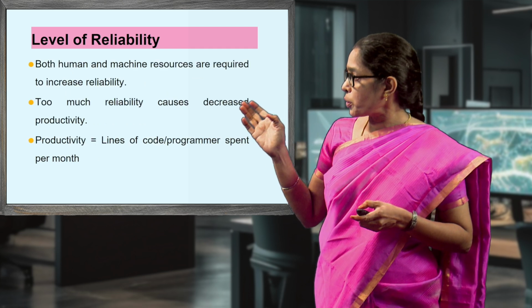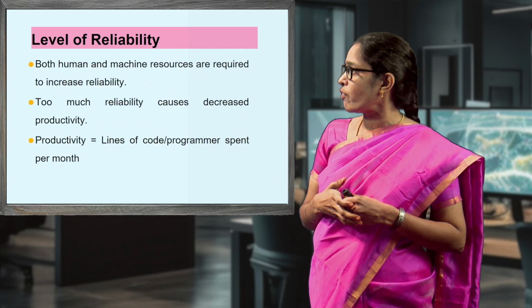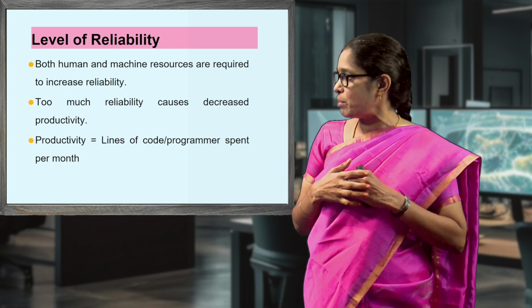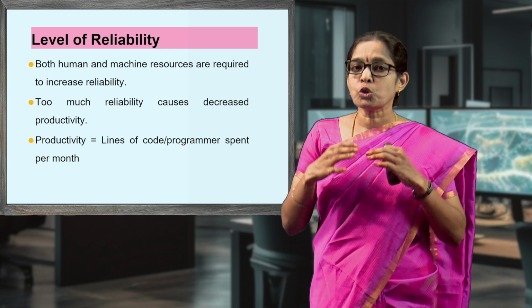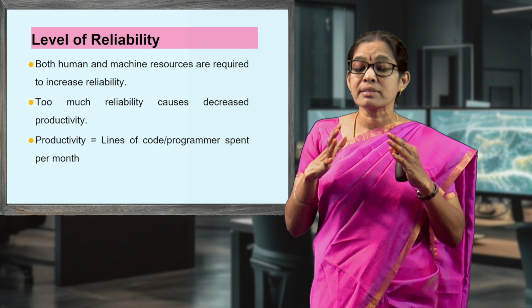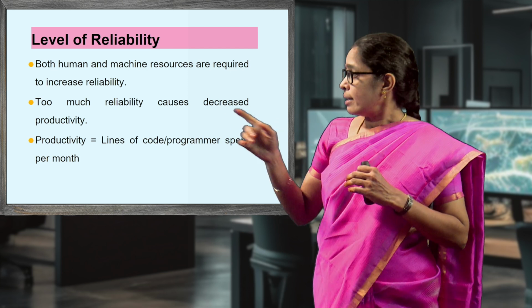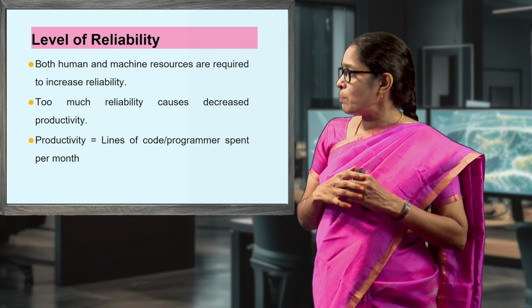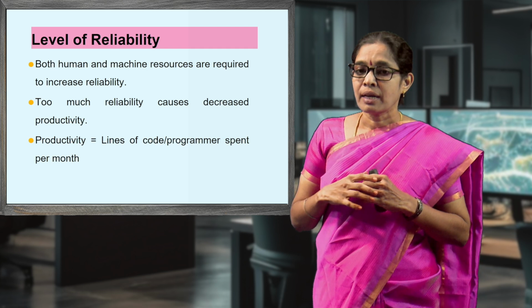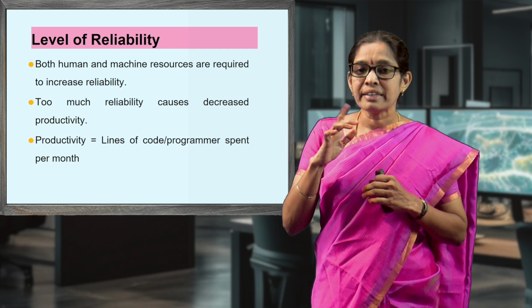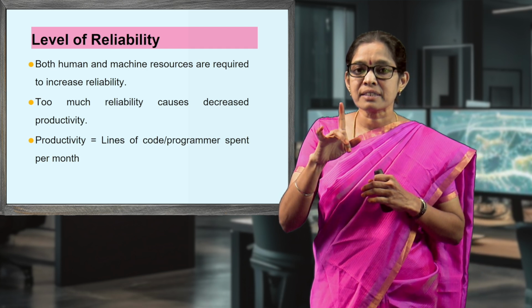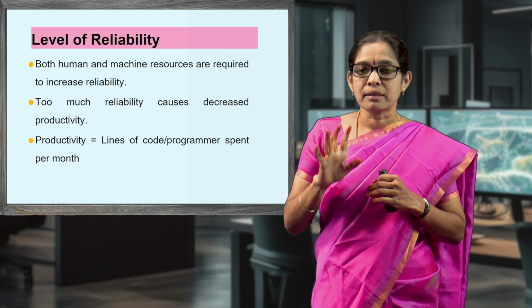So both human and machine resources are required to increase reliability. Obviously, too much reliability causes decreased productivity. That productivity can be measured using the formula lines of code divided by programmer effort spent per month.